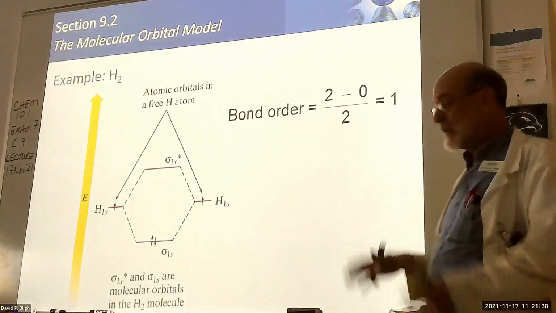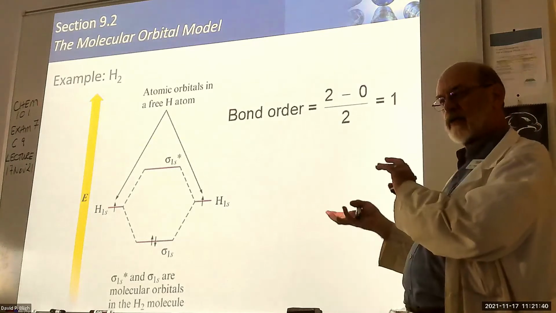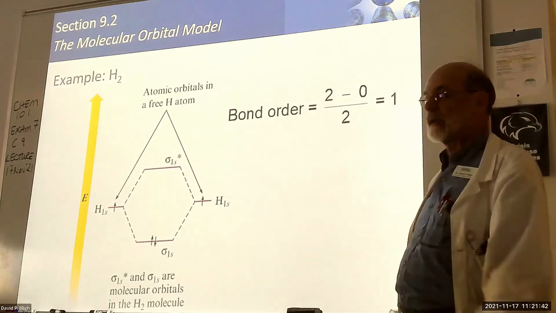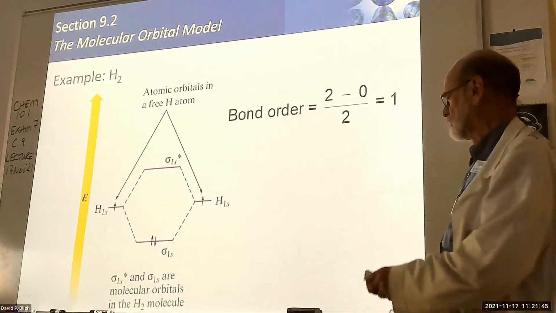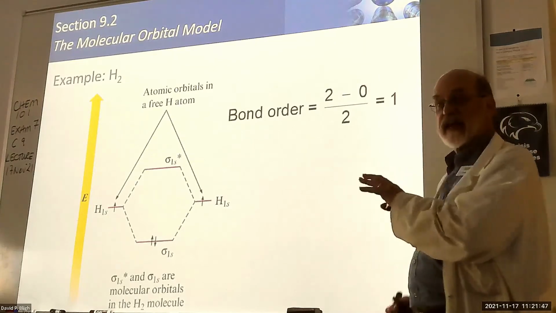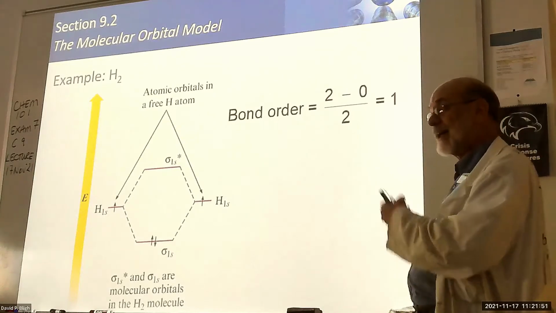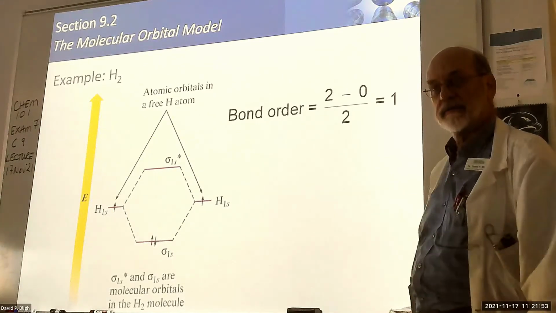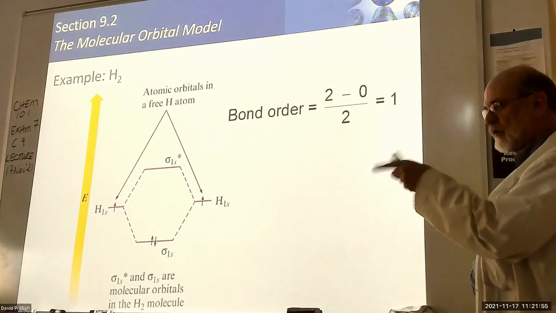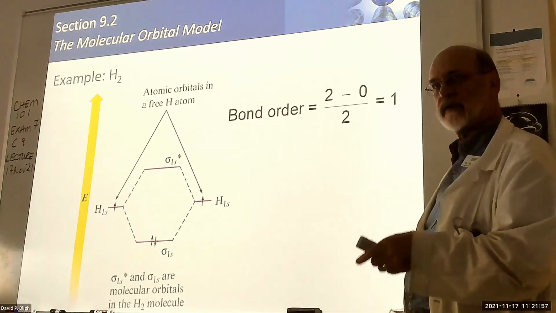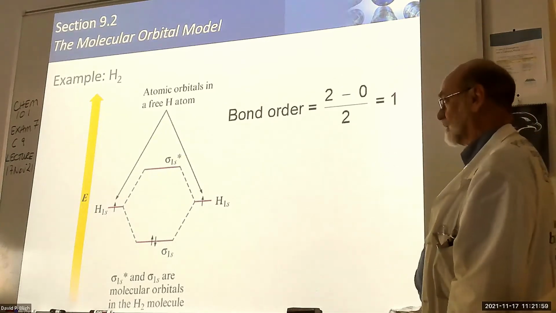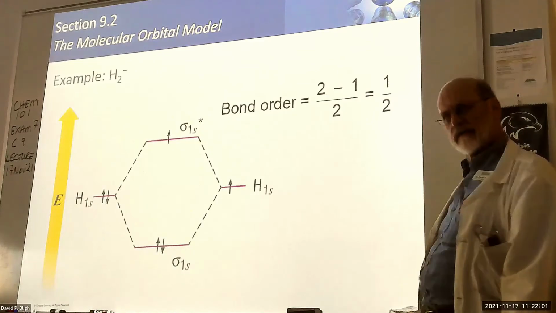So in this case, adding an electron or subtracting an electron weakens the bond. That's not always the case. It's specific to the molecule. Sometimes adding an electron will strengthen the bond. And in our review problems, we've got several examples that do that.